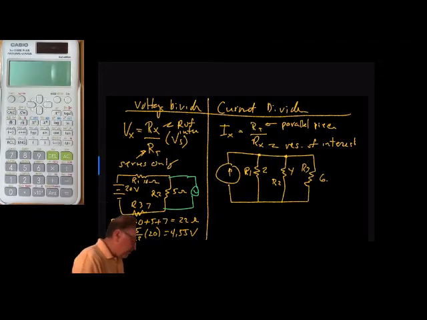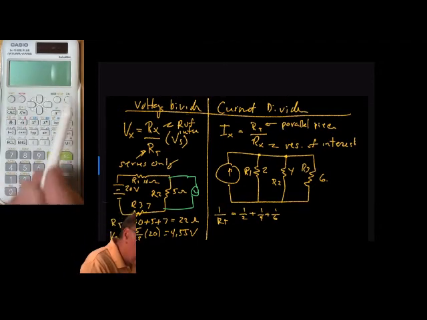So we remember that for a parallel combination of resistors, to solve for R total, 1 over RT would equal, in this case, 1 over 2 plus 1 over 4 plus 1 over 6. And I could use my calculator here.